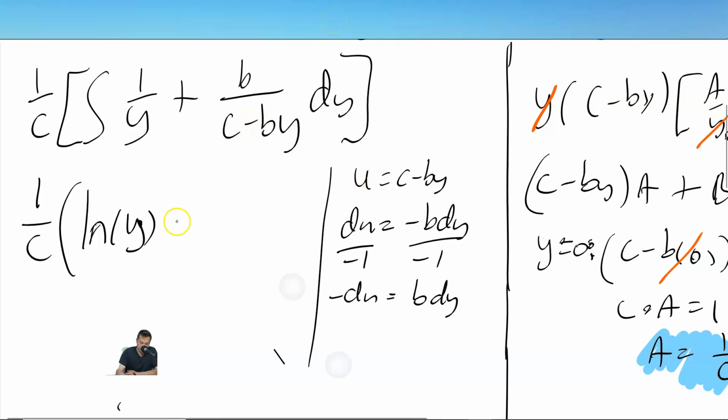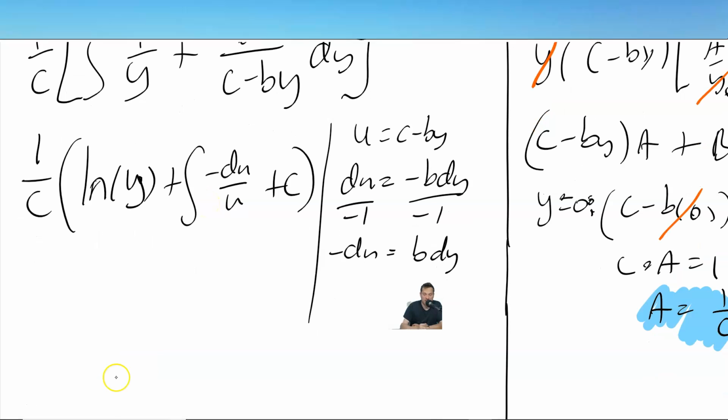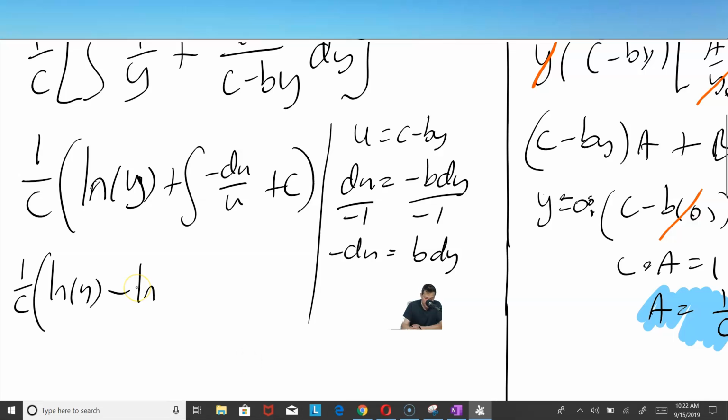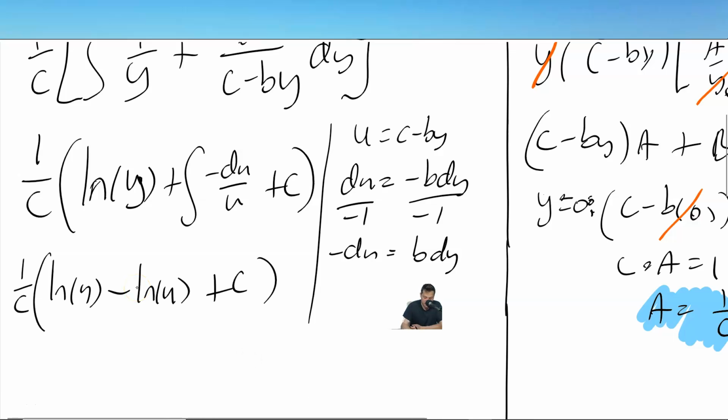I'm going to have an integral basically in the second one, so plus the negative du over u. The next one I'm going to say that I have 1 over c, and I'm going to have here ln of y, factor that negative 1 out, and then you anti-differentiate with the log rule, so it's minus ln of u plus that c.